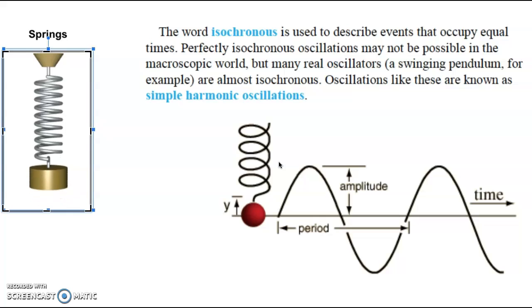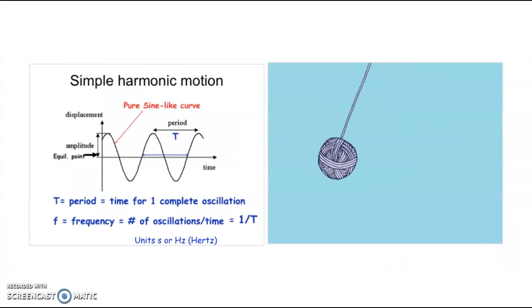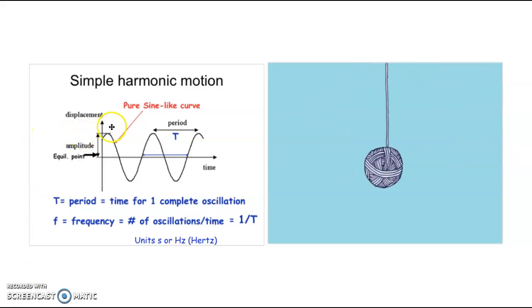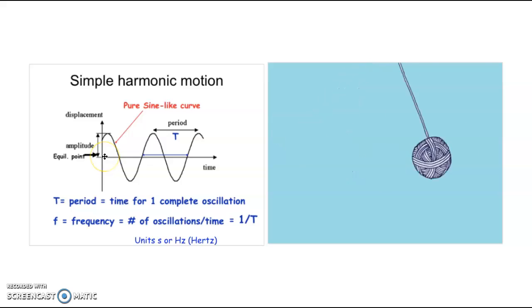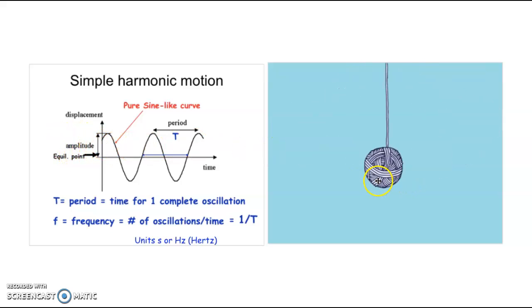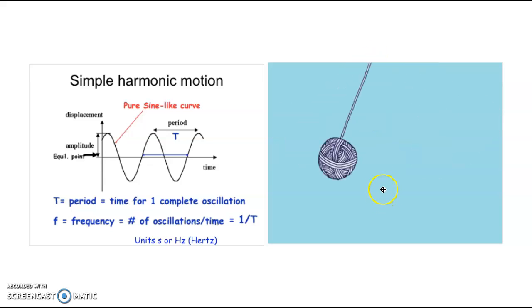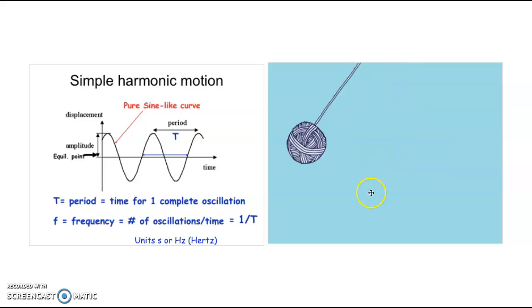There are some very important points on this graph. I'll switch here to a pendulum to show you the same thing. But on one of these graphs, you have a distance or a displacement which is maximum, which we refer to as an amplitude. That gives you an idea of how far away from that equilibrium point your oscillating object gets.